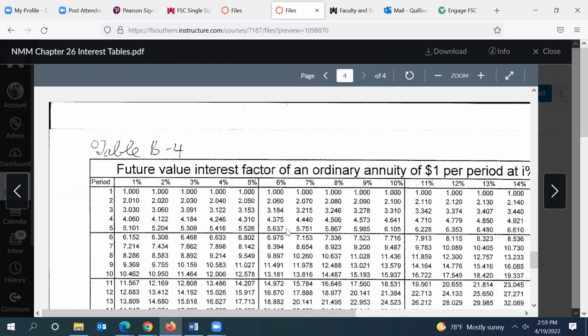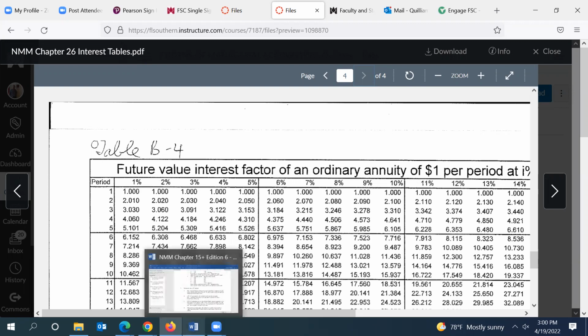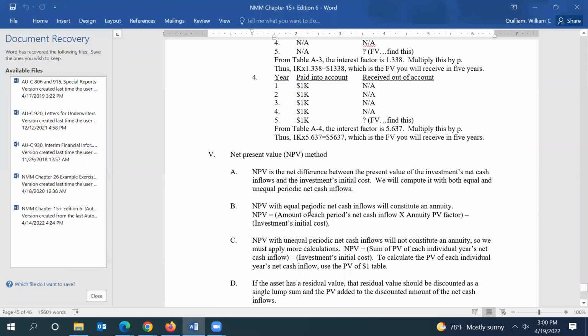Everybody see that? Okay, that's saying if we pay $1 at the end of each of these 5 years into this account, we'll get at the end a future value out of the account of $5.637. But if we've got 1,000 of those dollars, you can bet we're going to multiply by 1,000.